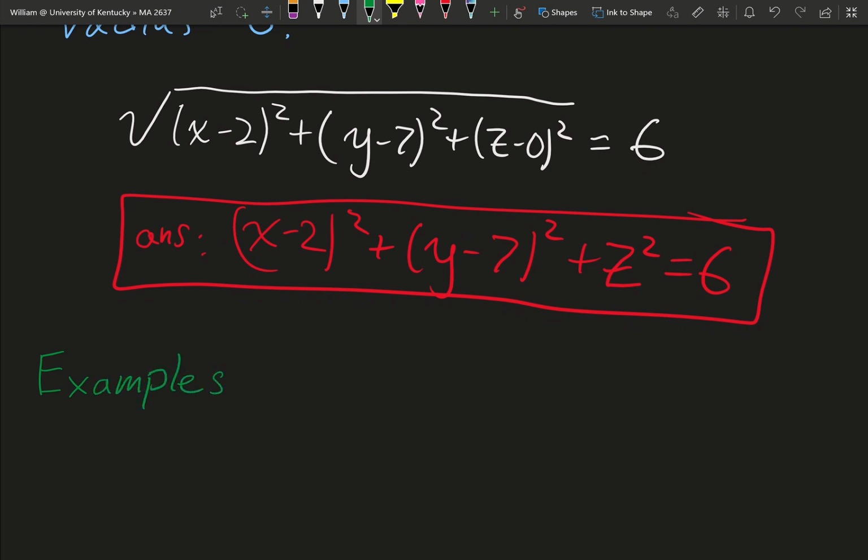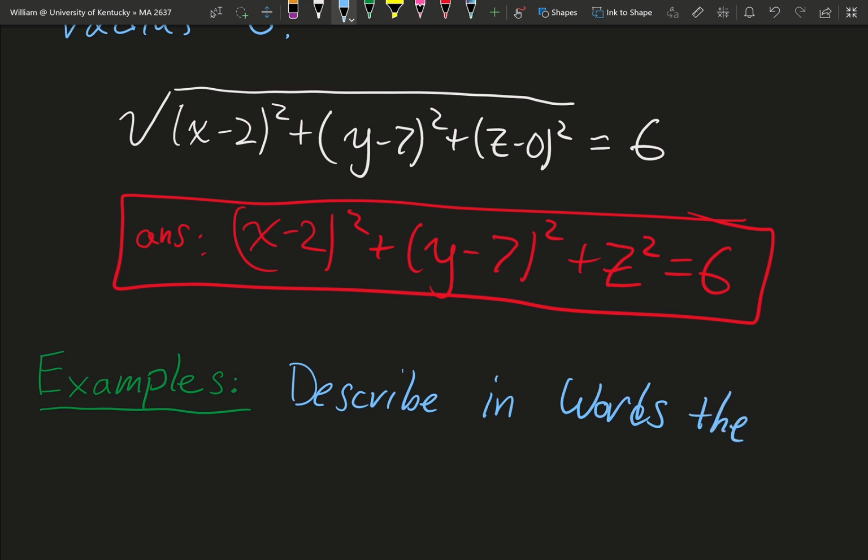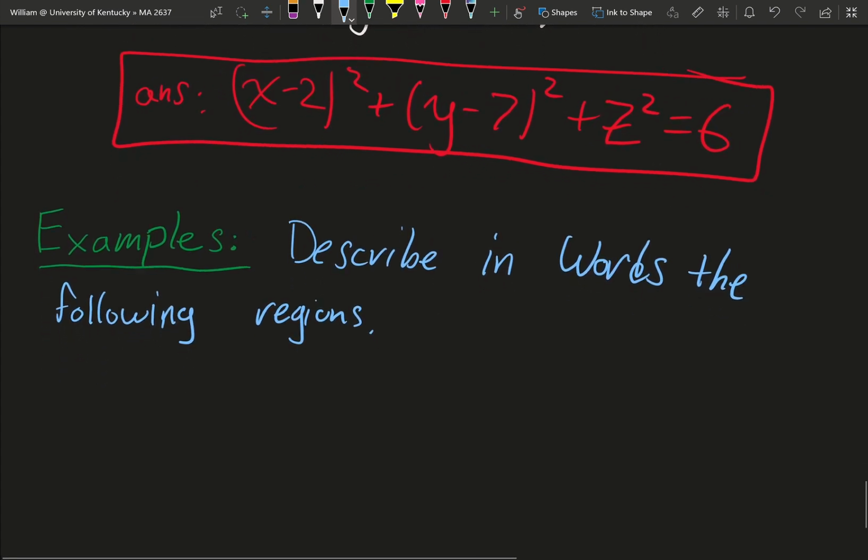So we're going to do a bunch of examples. I want you to describe in words the following regions. I'm going to eventually describe them in words, but really try to think about each one for 20 seconds or so. We'll start off with a real easy one.